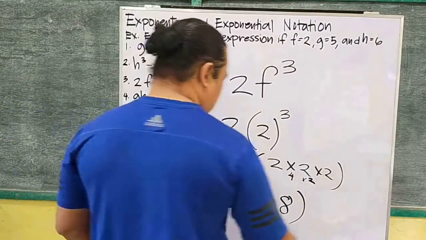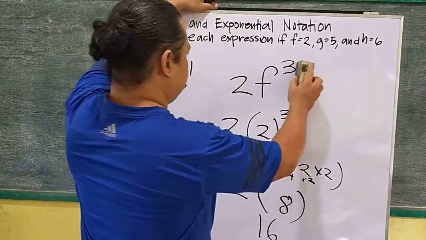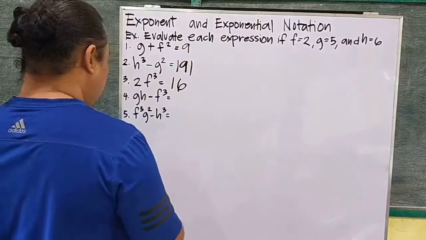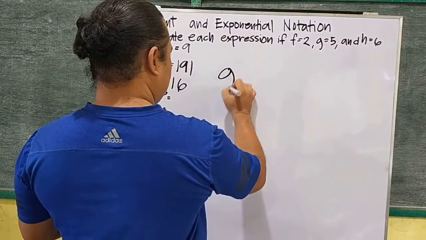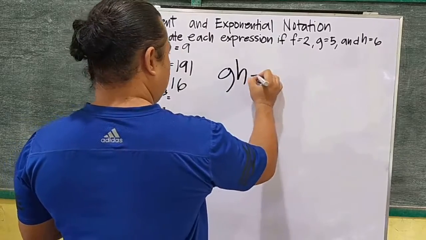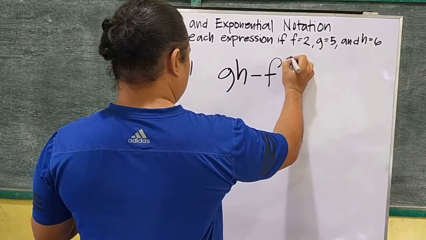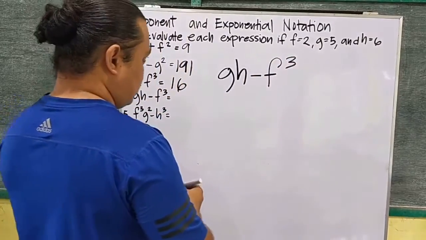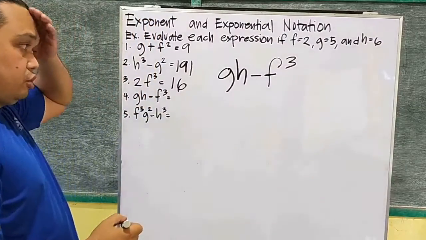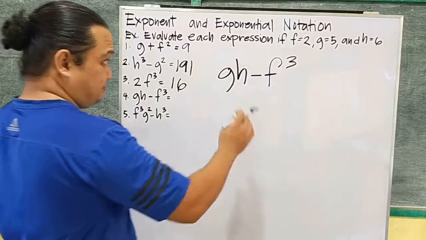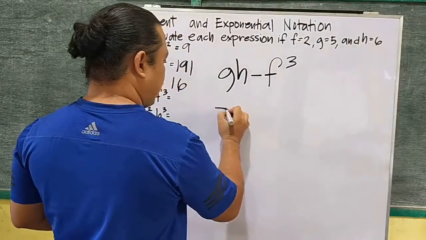Okay, this is number 4. We have GH minus F cubed. Let's just substitute. What is G? That's 5.